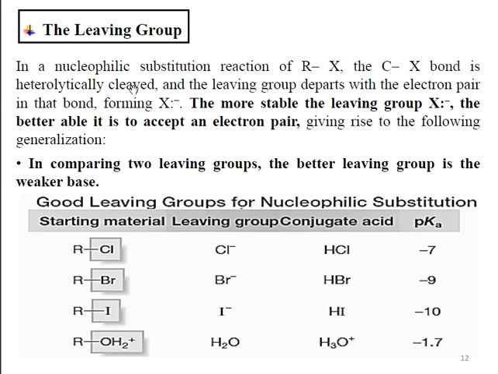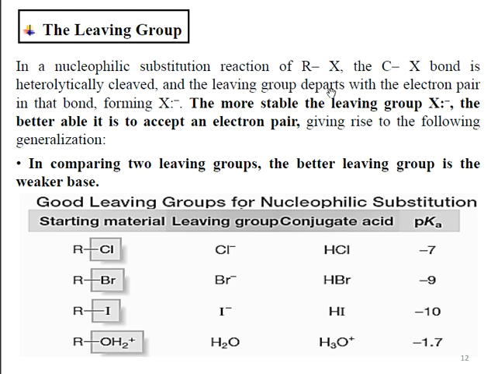That means both of the electrons, the two electrons here, will go to the leaving group. This is heterolytic cleavage: the bond is broken not equally, not one electron here and one electron here, no, both electrons will go to the halogen. This is the meaning here.